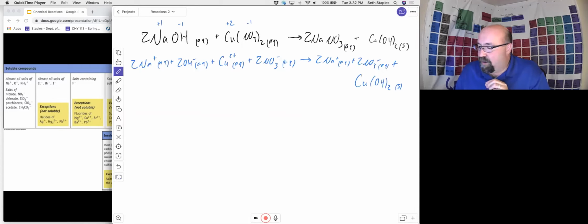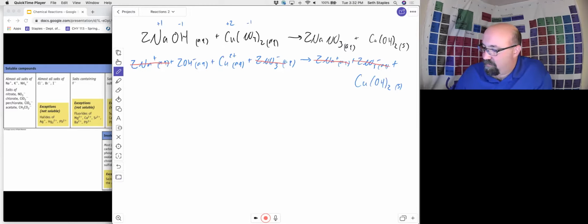And so then our final step in getting to our net ionic equation is we are going to cancel out any ions that are aqueous on both sides of our equation. We can see that we have 2Na plus and 2Na plus, 2NO3 minus, 2NO3 minus.